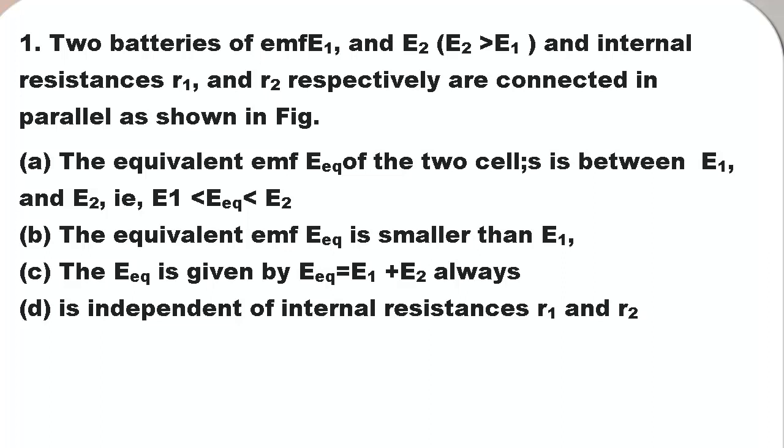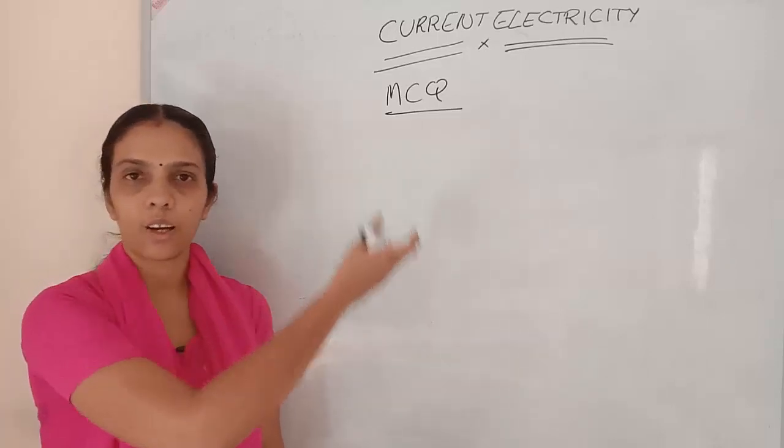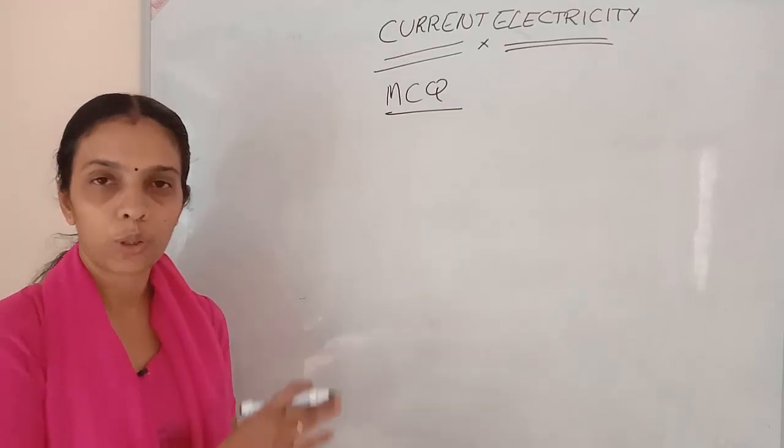The choices are: the equivalent EMF of the two cells is between E1 and E2, that is E1 less than equivalent EMF less than E2; the equivalent EMF is smaller than E1; E equivalent equals E1 plus E2 always; E equivalent is independent of internal resistances R1 and R2. I already gave the question over there, you can find the choices from there.